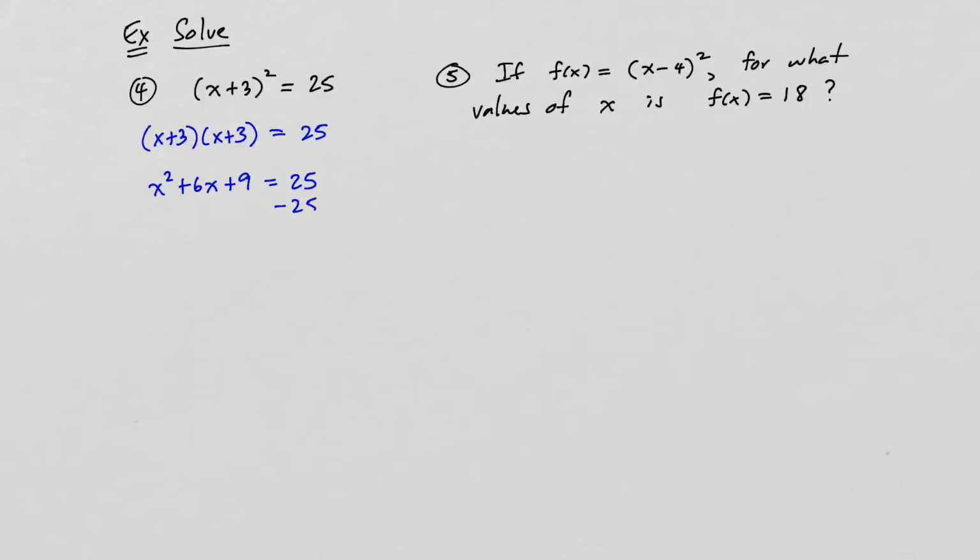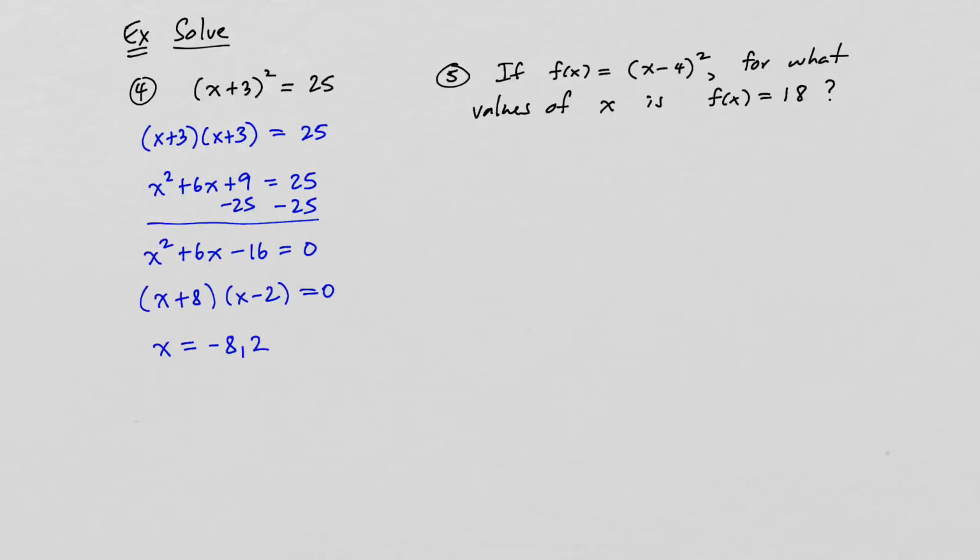And then we can subtract 25 from both sides, set it equal to 0, and from here we can factor. And once we factor, we can fairly easily get our two solutions.